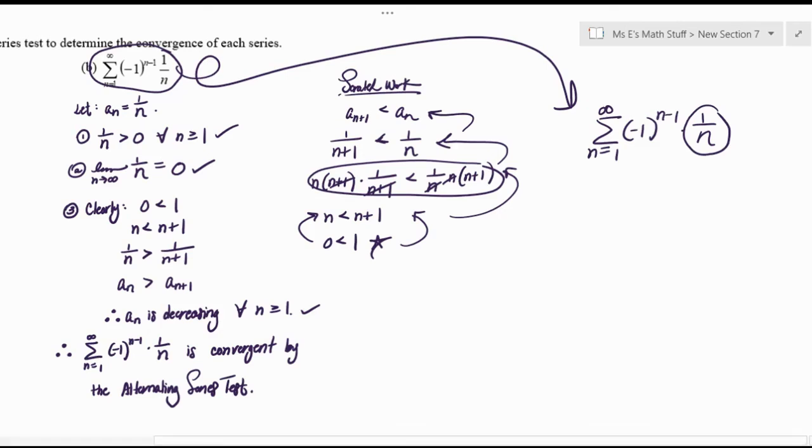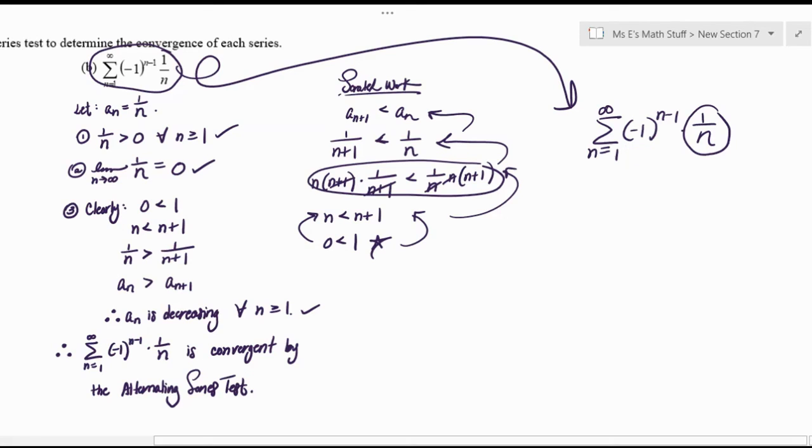And the harmonic series diverges, if you recall. But it turns out that if you have this alternating part on it, then all of a sudden it converges. And if you were to expand this out and notice that having alternating signs of plus, minus, plus, minus, plus, minus, it actually makes it easier for a series to converge if it's alternating because of the canceling out aspect of having some positive and some negative terms.